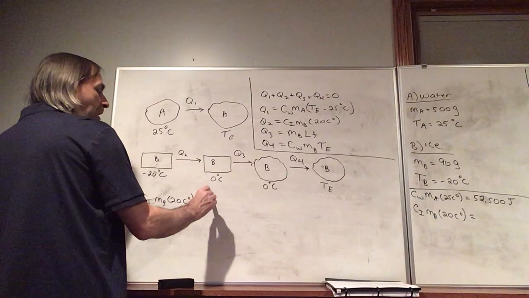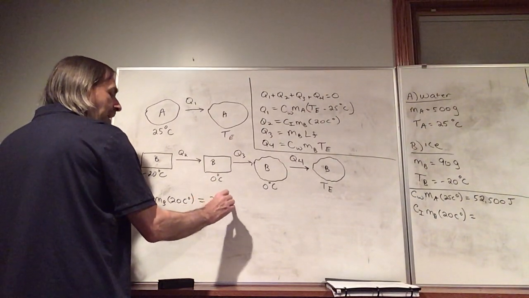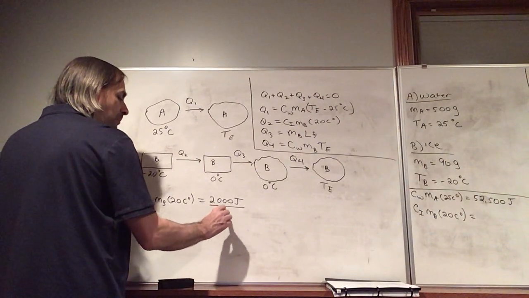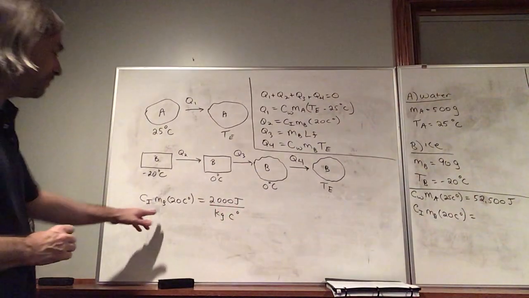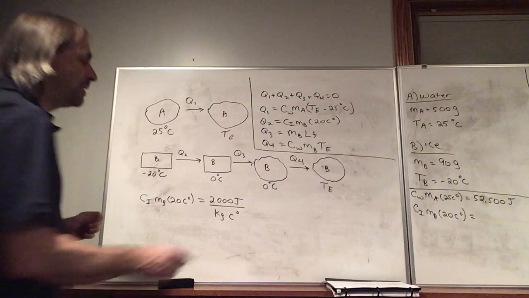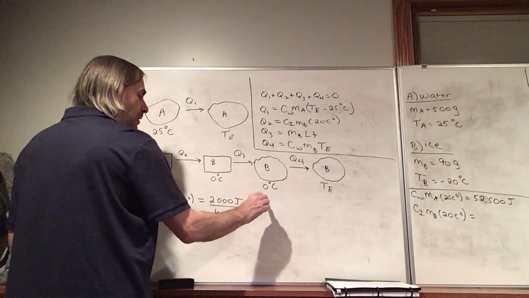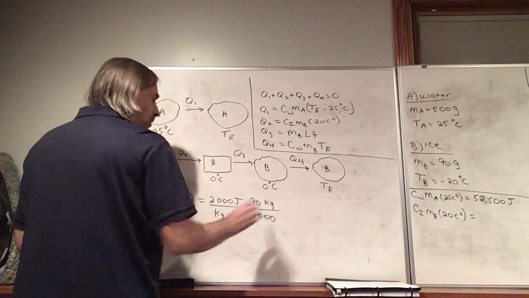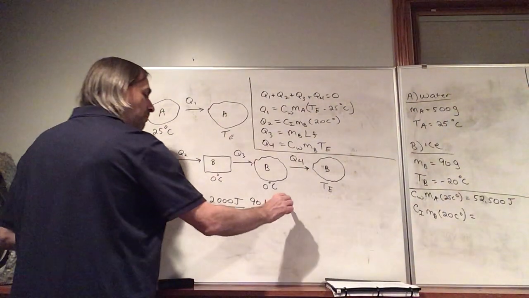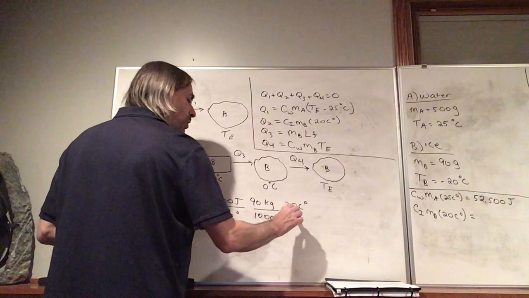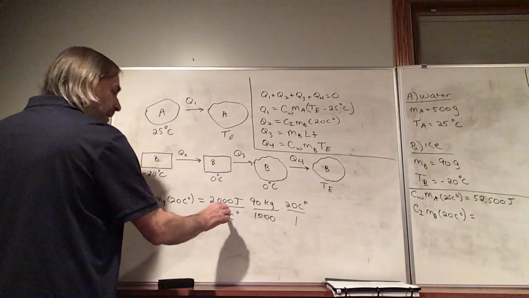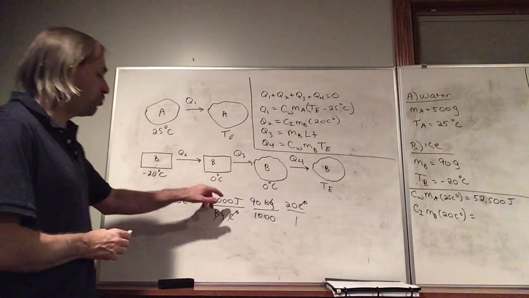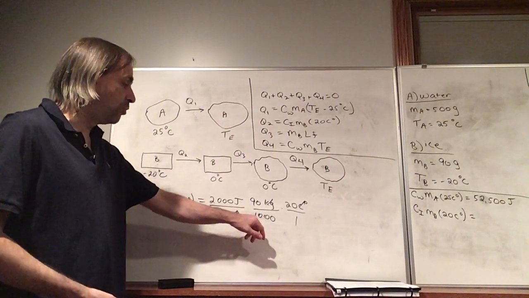Okay, specific heat of ice is around 2,000 joules per kilogram Celsius degree. Mass of B is 90 grams, so that'd be 90 kilograms over 1,000, and then times 20. This is going to be a much simpler calculation. Again, kilograms cancel, Celsius degrees cancel. So 20 over 1,000 is just 2.